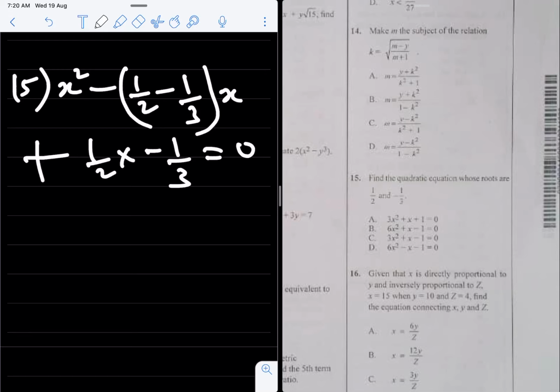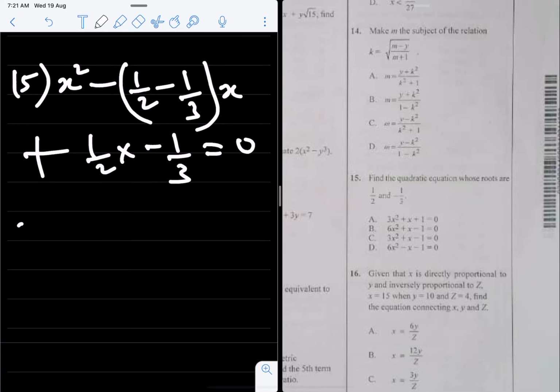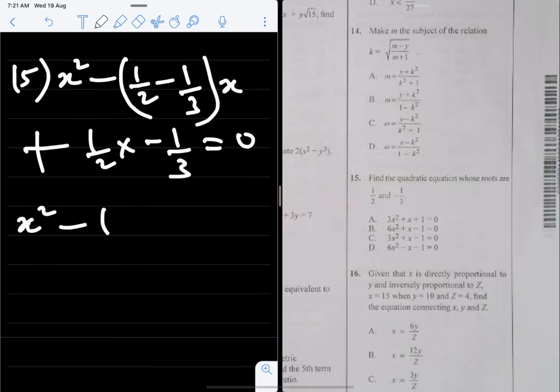So 1 over 2 plus minus 1 over 3 means 1 over 2 minus 1 over 3. And that's the same as x squared minus 1 over 2 minus 1 over 3, that's 3 minus 1, that's 1 over 6.